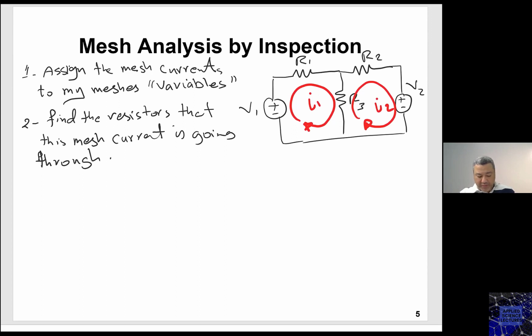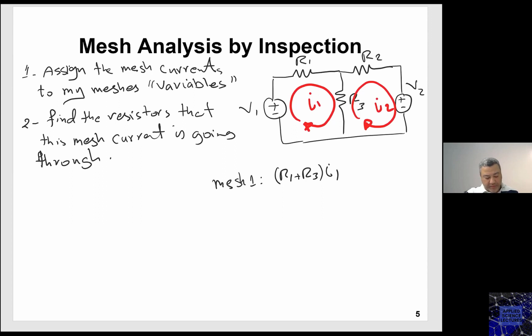So here, for example, mesh number 1, what do I have? I have R1 and R3. So right away I will go R1 plus R3 multiplied by this I1.